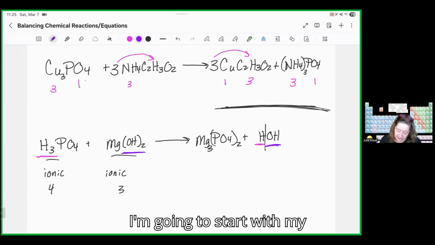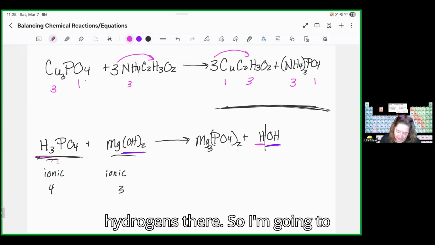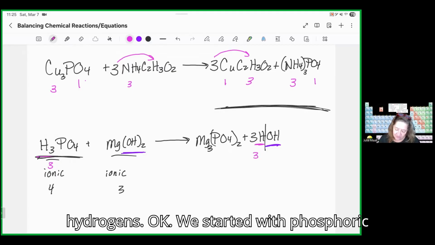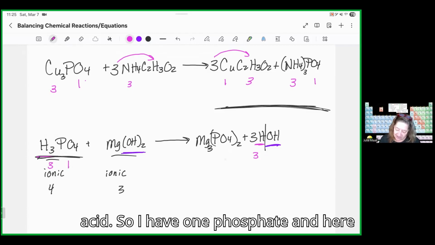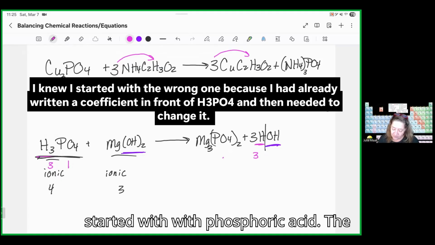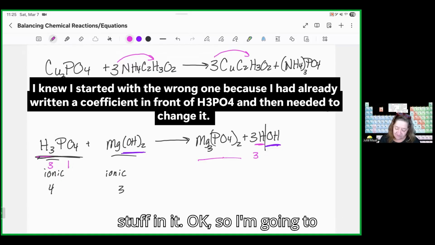Okay, so I'm going to start with my phosphoric acid. So I have 3 hydrogens there. So I'm going to put a 3 in front of my water to give myself 3 hydrogens. Oh, I don't know why I started with phosphoric acid. The magnesium phosphate definitely has more stuff in it.